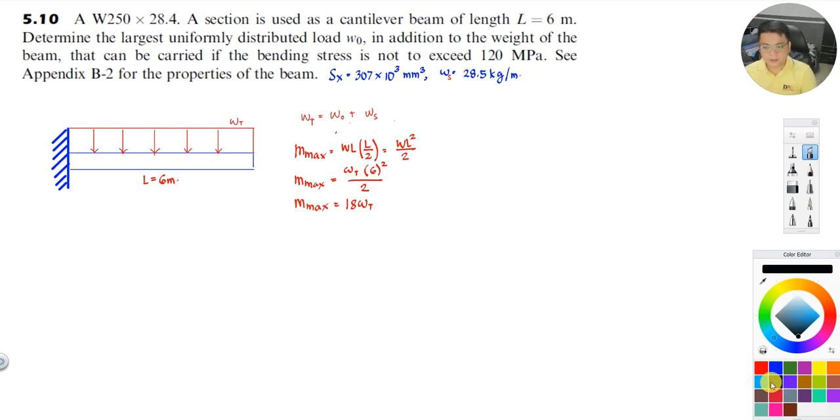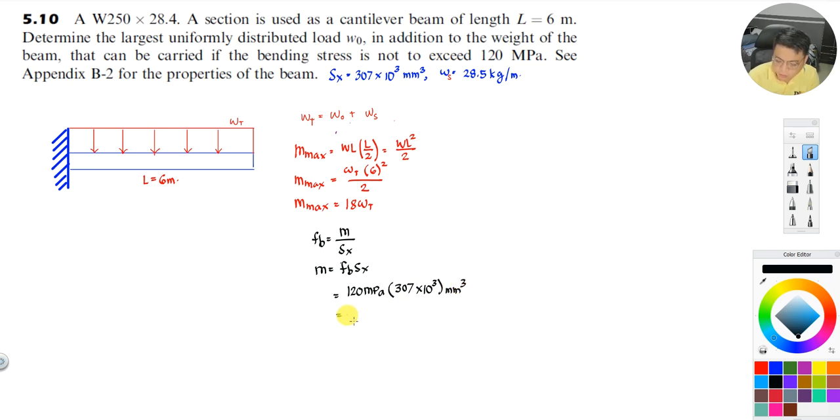Now, I have here 120 megapascal. So we say Fb equals M all over Sx, or S. So, to solve for M, I can now have Fb multiplied by Sx. So, I can have the Fb, which is 120 megapascal, multiplied by the Sx, which is 307 times 10 to the 3 mm cube.